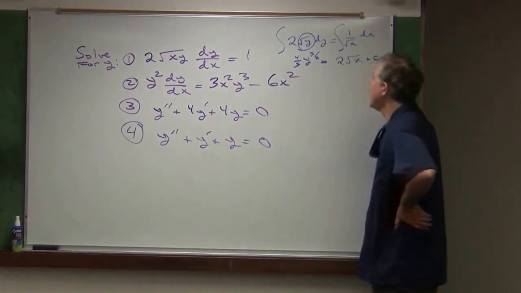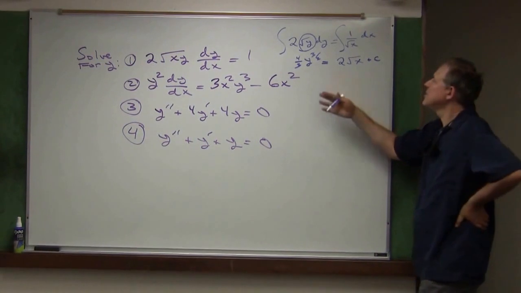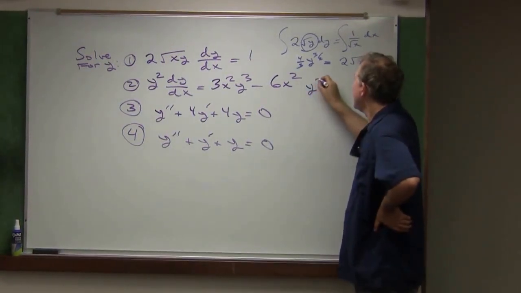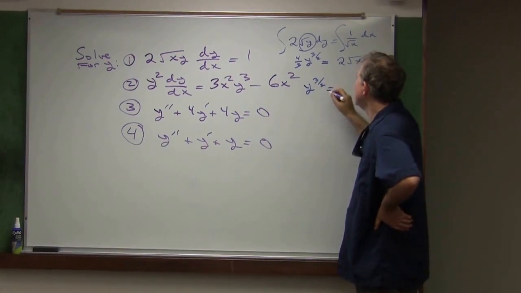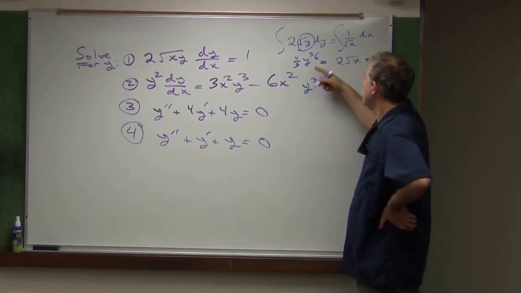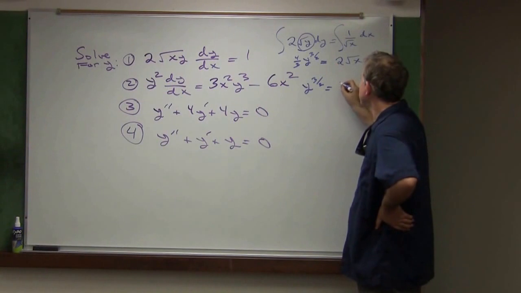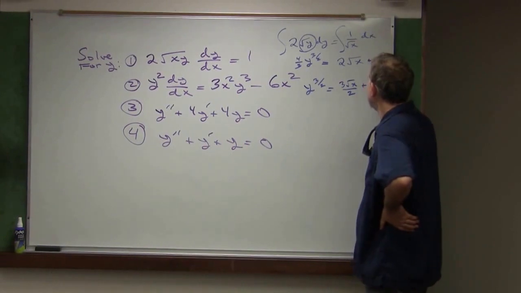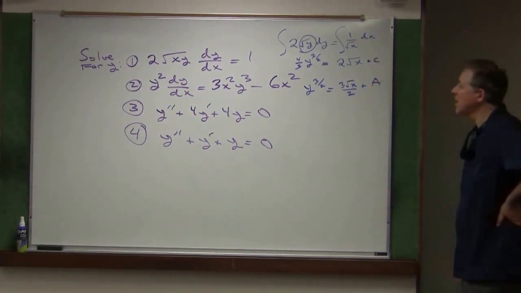Okay, so it's that, and then you're just going to throw this on the other side, so y to the 3 halves is equal to, you're going to multiply by 3/4, so what's that, 3 root x over 2, just rename your constant, I don't care what it is, call it a.